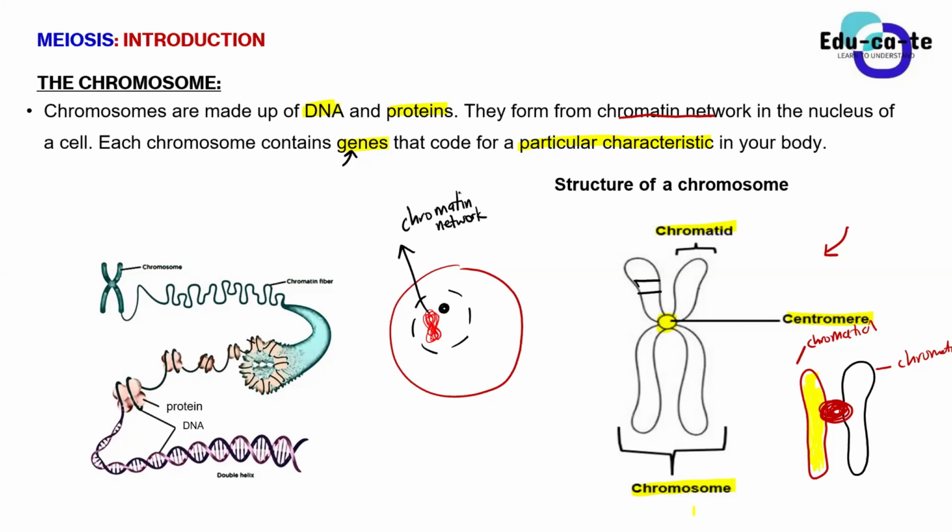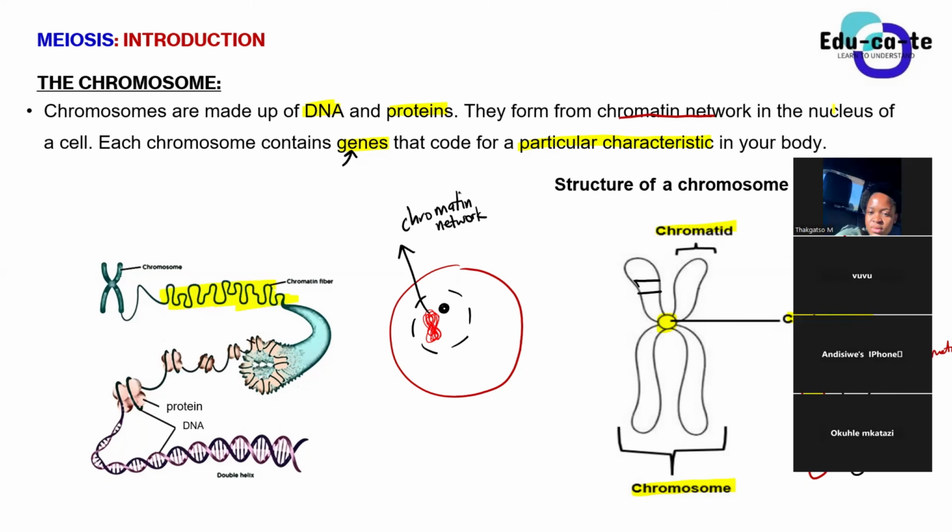Yes, so basically, a chromosome is just a structure that is made up of DNA and proteins. It starts out as a chromatin network, then it later changes to become a chromosome. So it starts out as just a chromatin network, but later on it becomes a chromosome.